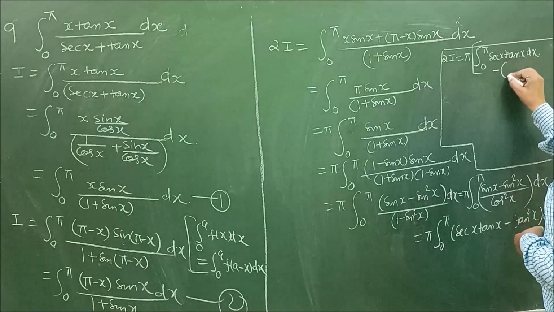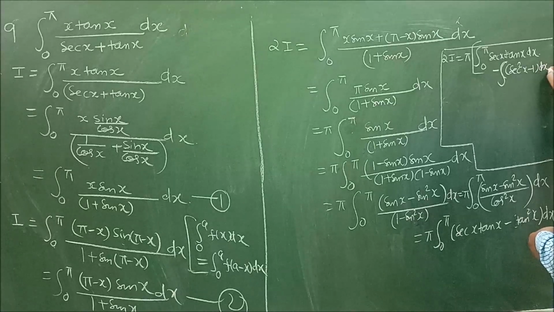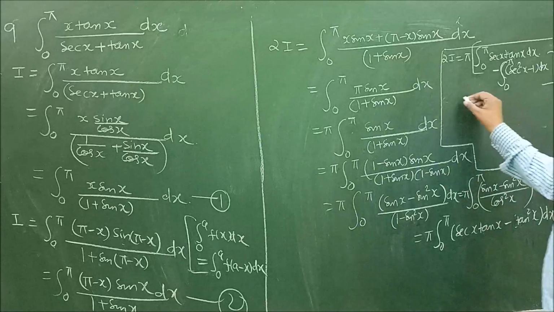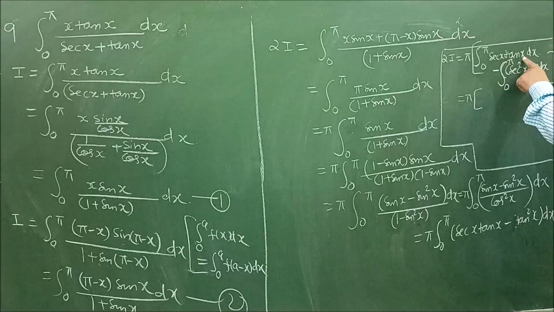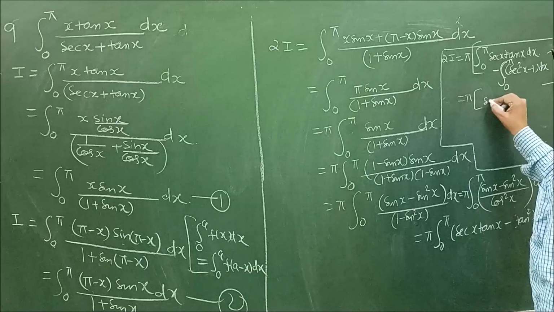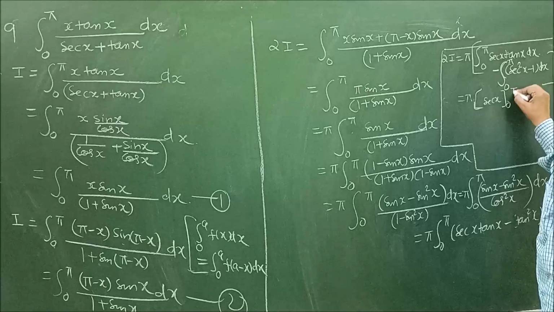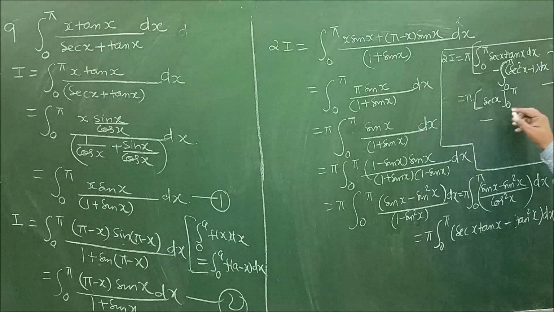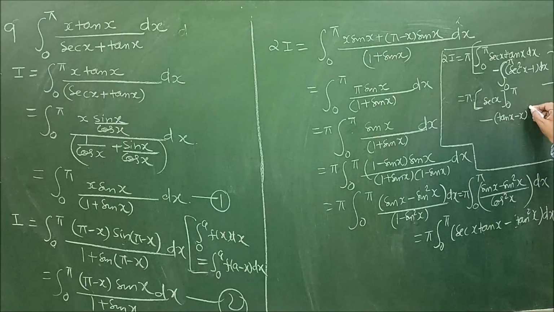So minus the integration of sec square x minus 1 dx from 0 to pi. So this is equal to pi into sec x tan x, the integral of sec x tan x is sec x, from 0 to pi, minus the integration of sec square x, which is tan x minus x, from 0 to pi.